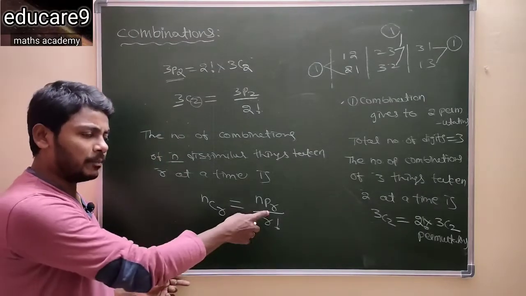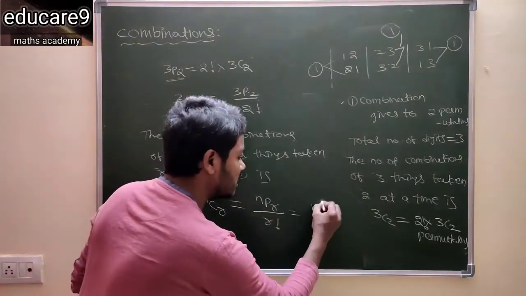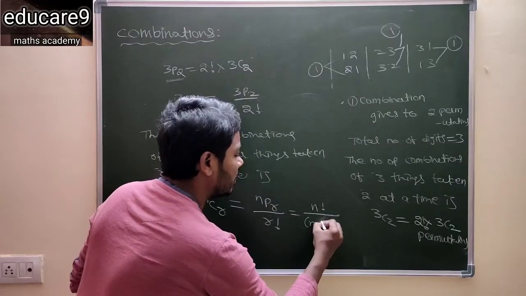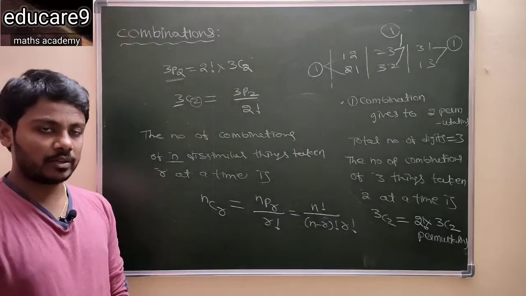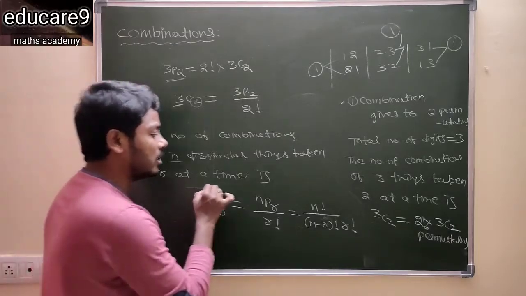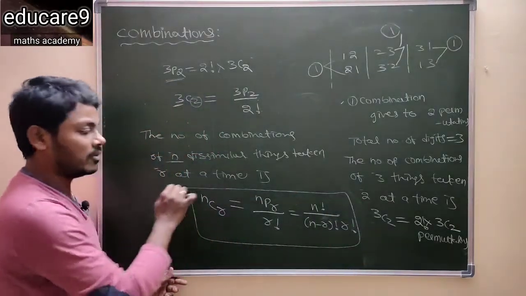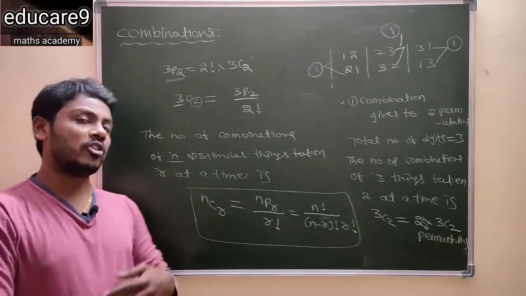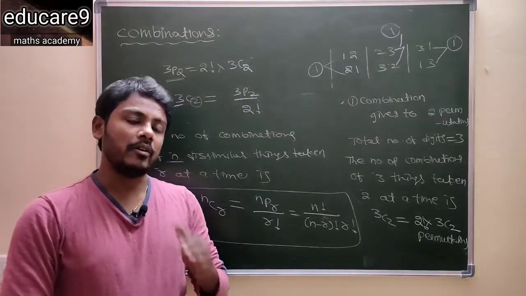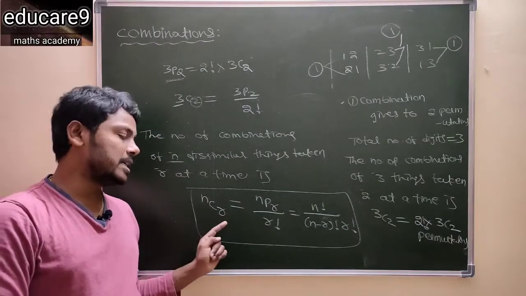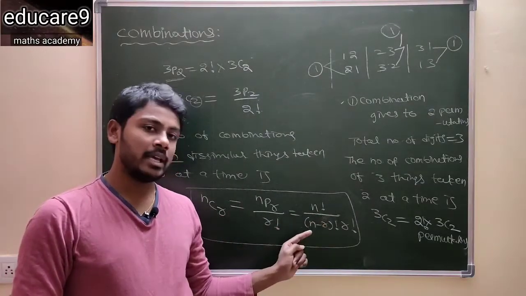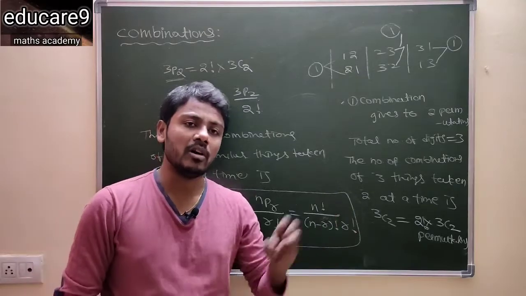You know the nPr formula is n factorial by (n minus r) factorial. So the number of combinations of n dissimilar things taken r at a time is nCr, which is n factorial by (n minus r) factorial into r factorial.